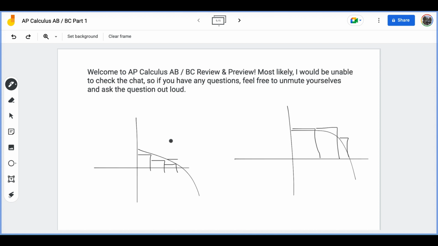That's why this is different than the concave upwards we saw earlier when we had something like that. So when it's concave downwards, RRAM is going to be an underestimate and LRAM is going to be an overestimate. But when you have a concave up graph, RRAM is going to be an overestimate and LRAM is going to be an underestimate.